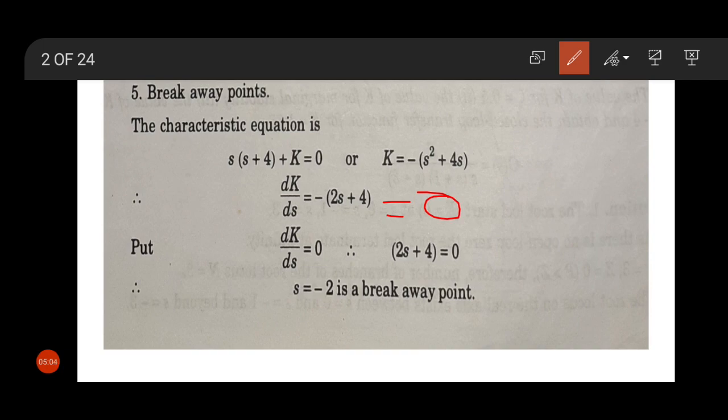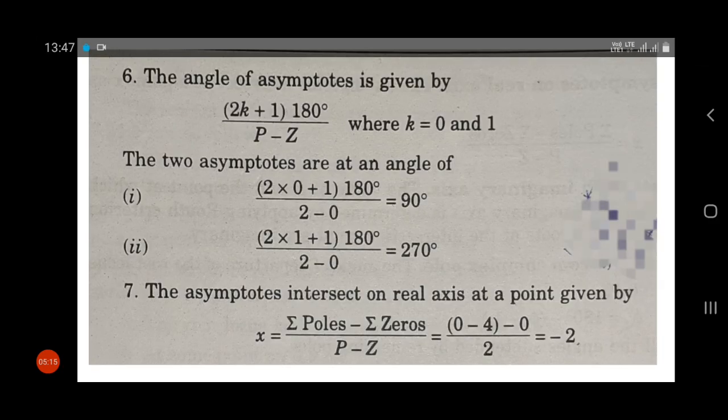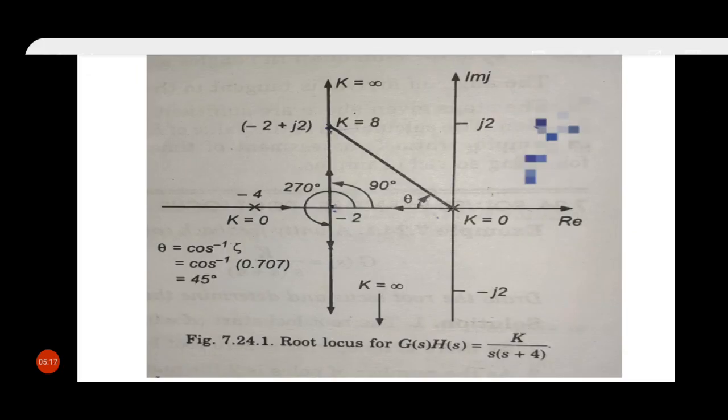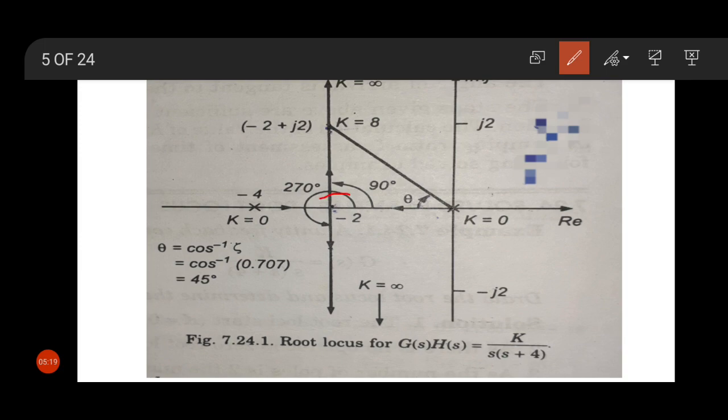Now we identify this breakaway point in our graph. See, this is our breakaway point, -2.